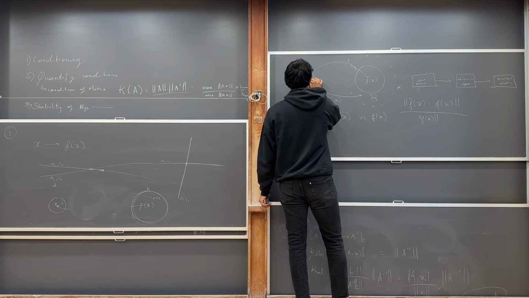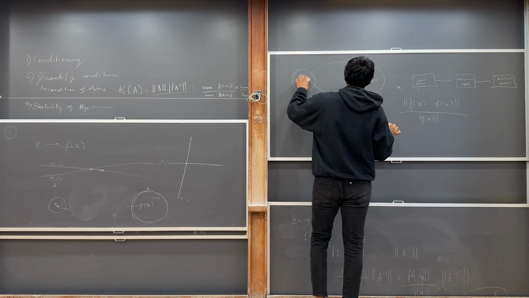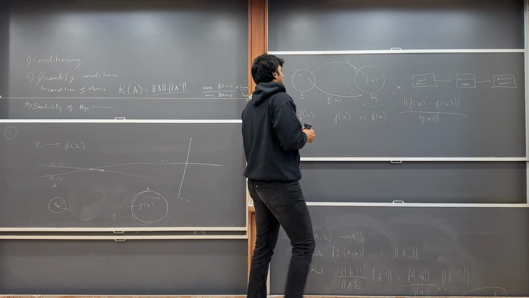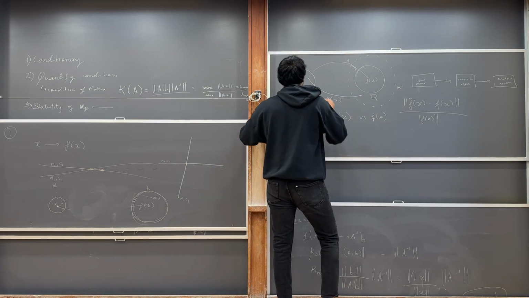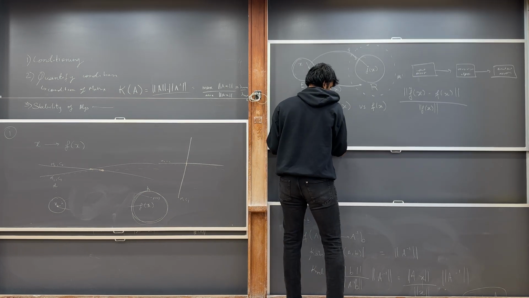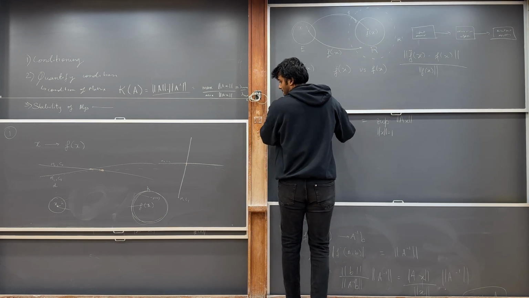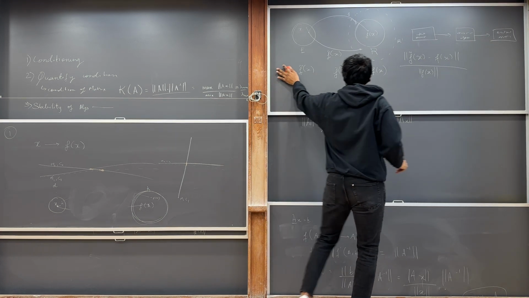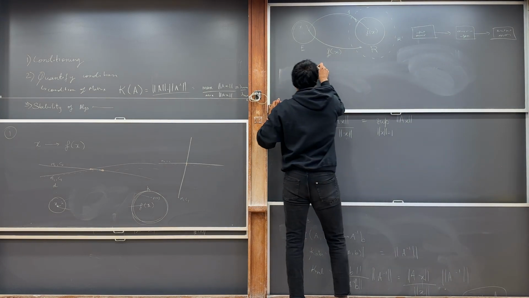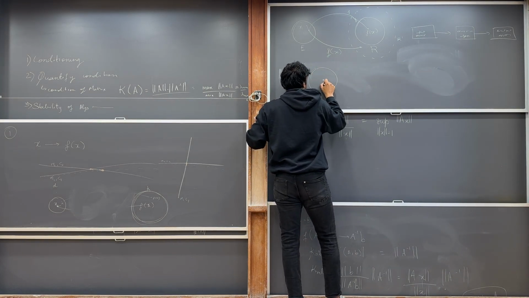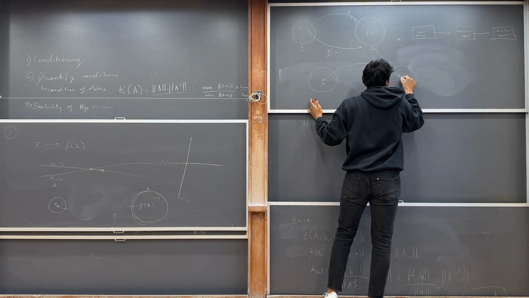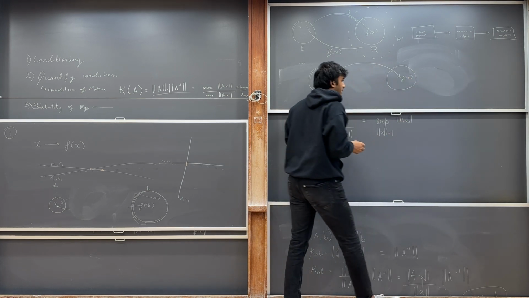Instead of seeing how my f tilde projects x onto another point in the image, what I'm going to do is find another point x hat.